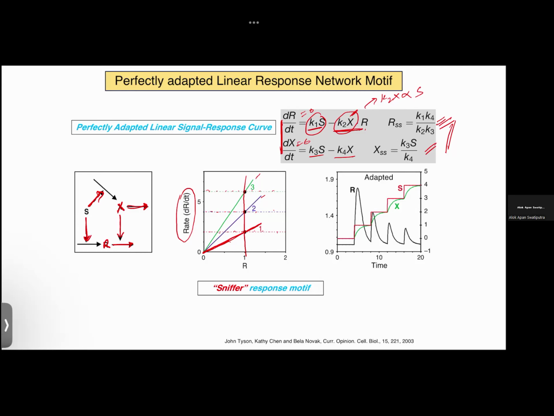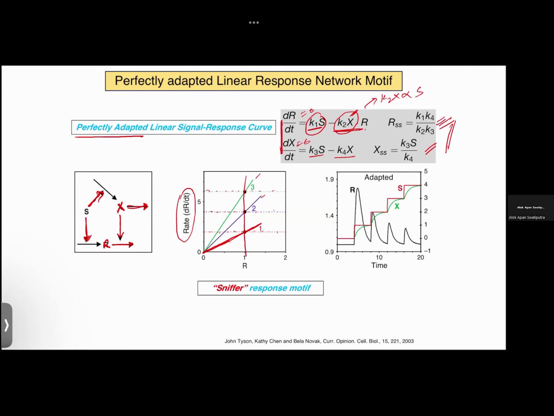So no matter what signal strength you put in, the steady state value of your response, here the R, or you can think of this in terms of a response as well, is independent of the signal strength you put. That's why it's called a perfectly adapted linear signal response. Whatever signal you put in, it will adapt to that and ultimately reach the steady state, no matter what signal strength you put. So it's an adaptive system, right?